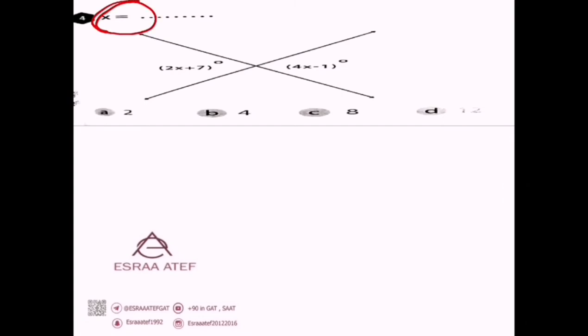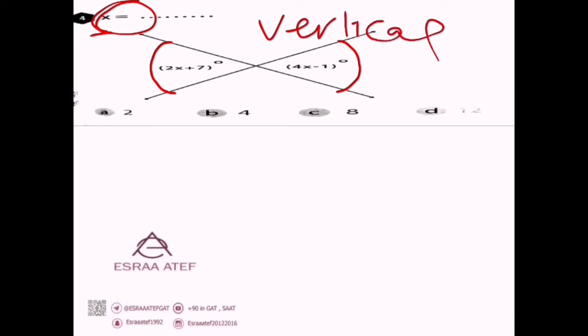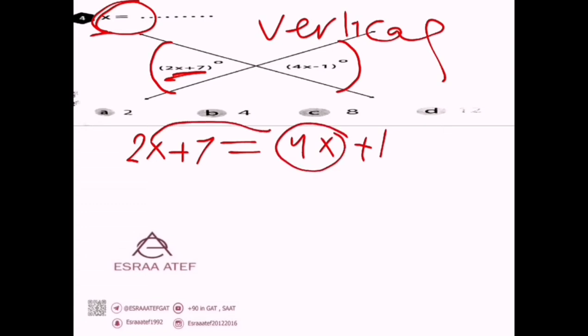Next one, here he wants me to get x the same. He may ask me to get x or to get all the angles. We will get x first and then get the angles. We have two equations for two angles, which are vertical, so they are equal to each other. So I will solve the equation 2x plus 7 equals 4x plus 1. Here 4x, I will solve 2x with it, and here 7, I will solve 1 with it.